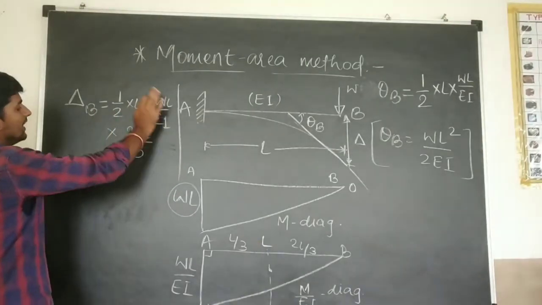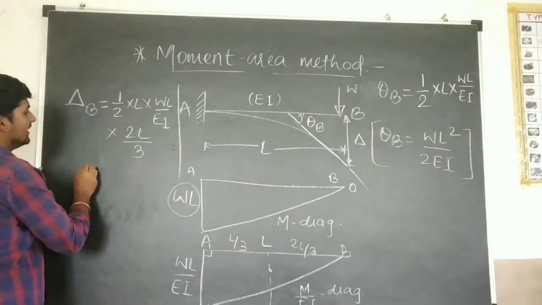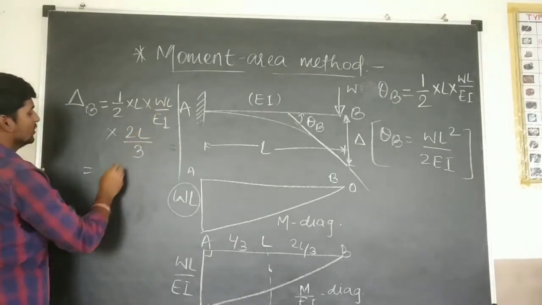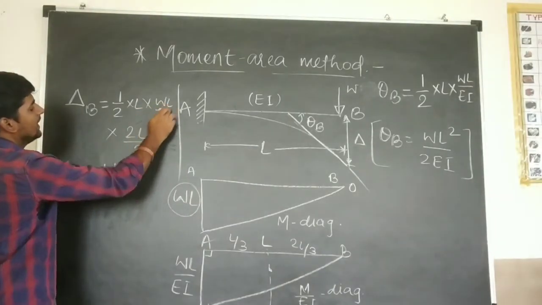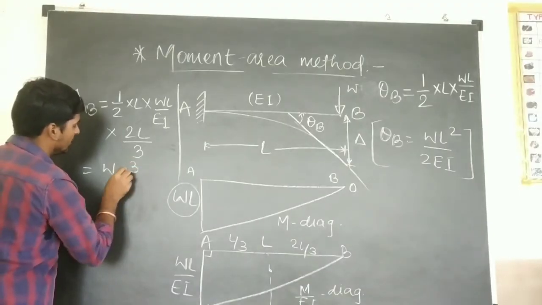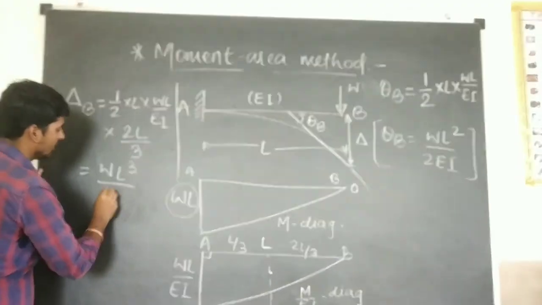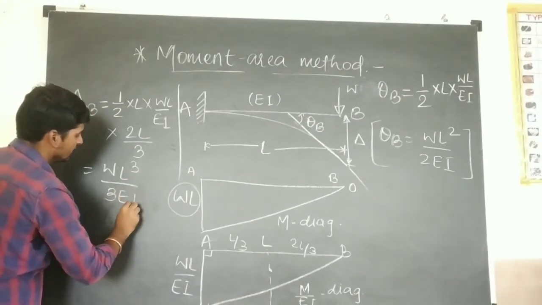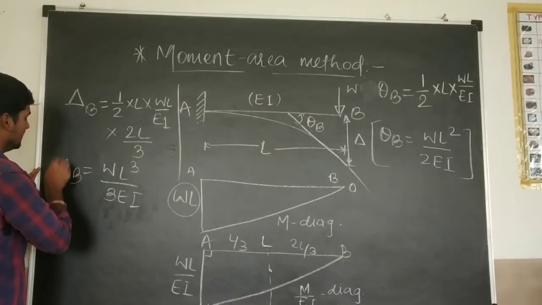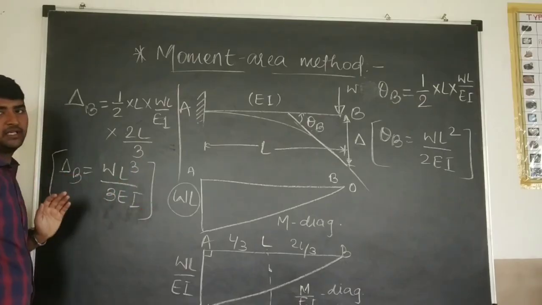So if we calculate this total value, then we get WL cube upon, here the 2 will cancel, and we get WL cube upon 3EI, and this is nothing but the deflection at point B. Okay.